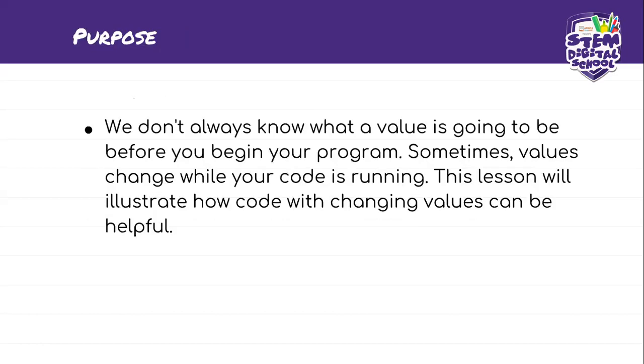The purpose of this is that we don't always know what a value is going to be before we begin the program, so sometimes values change while your code is running. This lesson will illustrate how code with changing values can be helpful.